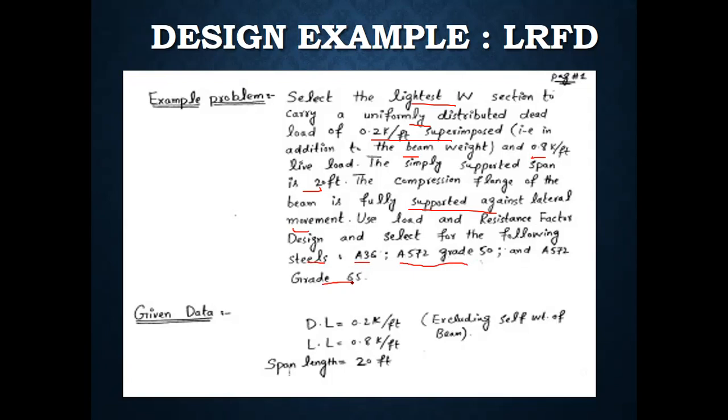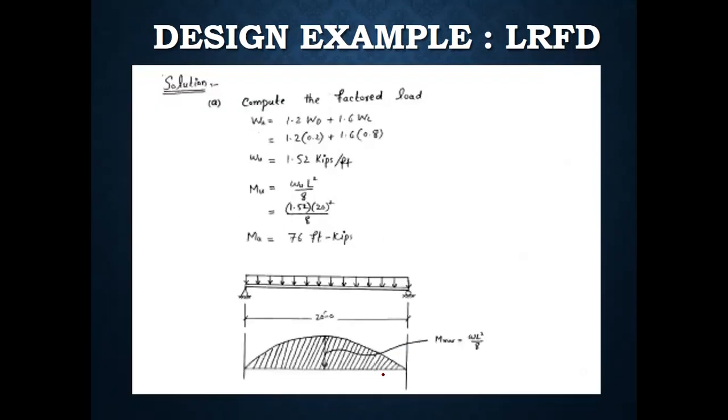Well, to start with, the very first step in designing is the calculation of the ultimate load. For that we write down the given data: dead load of 0.2 kips per foot, live load of 0.8 kips per foot, span length of 20 feet.